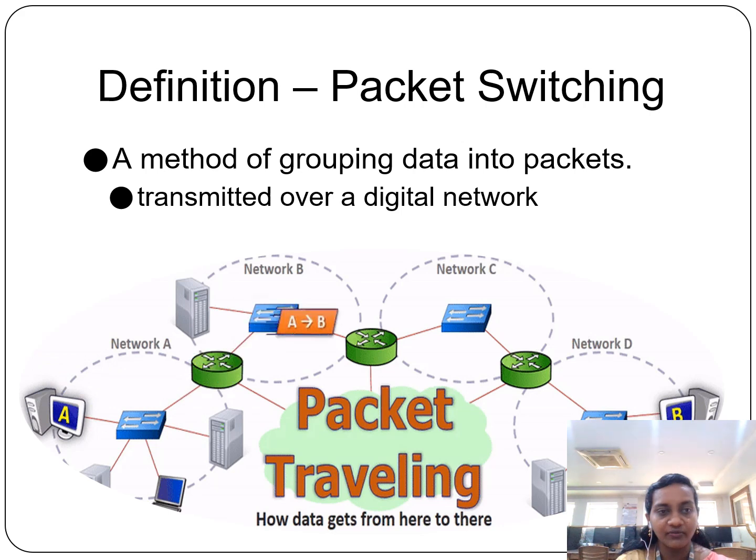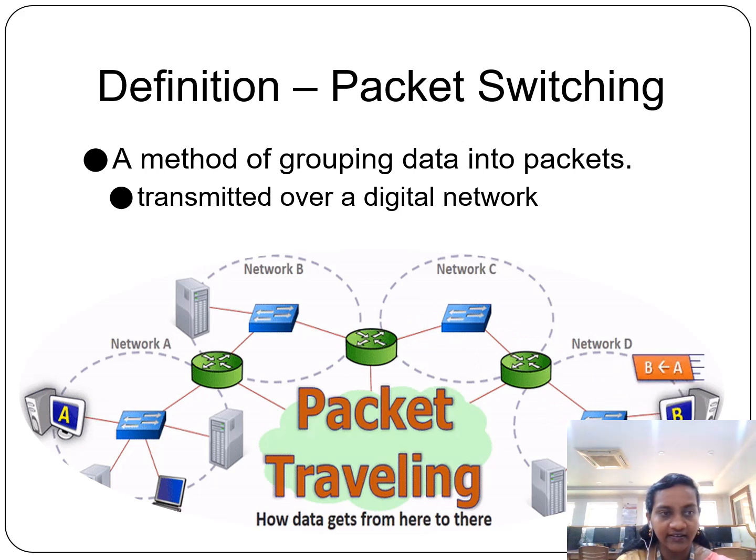Going to the definition of packet switching: the method of grouping the packets that are transmitted through the entire network is called packet switching. Now consider an example. We have four different networks, that is network A, network B, network C, and network D. Each network has its own devices, routers, hosts, etc. Now we'll see how a packet is forwarded from one network to the other.